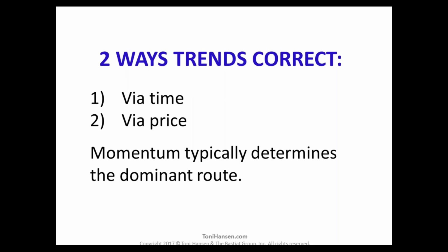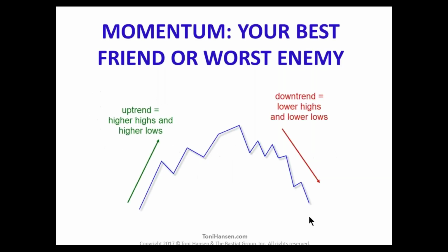So trends correct in two ways. You've got over time, where you're falling into a trading range, a sideways type of move, and you also have through price, where you'll get those stronger pullbacks and stronger corrections. And usually it's momentum that determines the dominant route for which way this trend is going to correct. So let's talk about that for a moment.